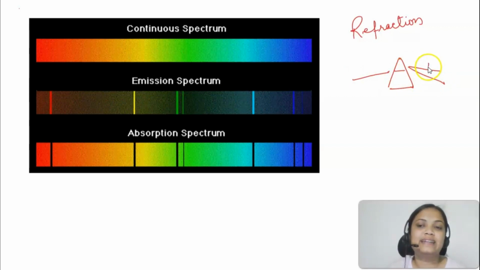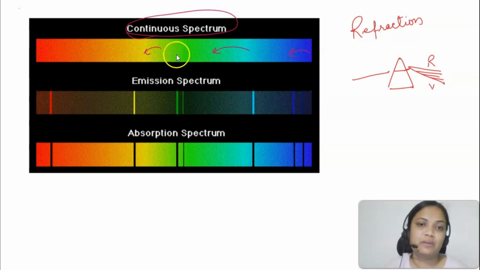Red light is deviated the least and violet light gets deviated the most because it has the least wavelength, and you see a spectrum where all lights merge into each other. So this is known as a continuous spectrum. You can see here violet merges into blue, blue merges into green, then yellow, then red. So it's a continuous spectrum, right?